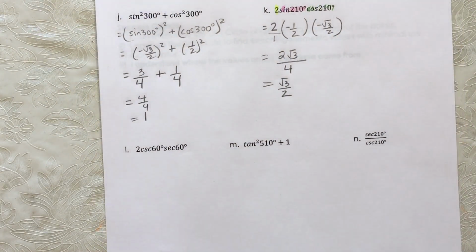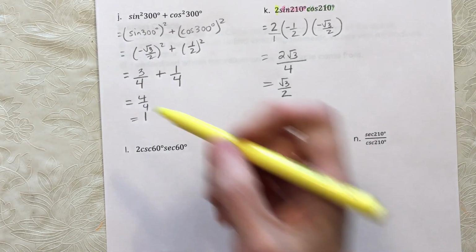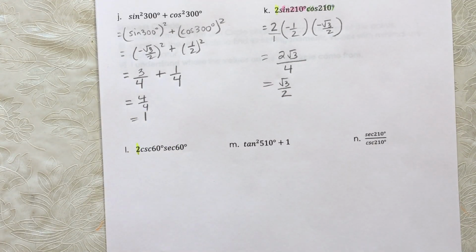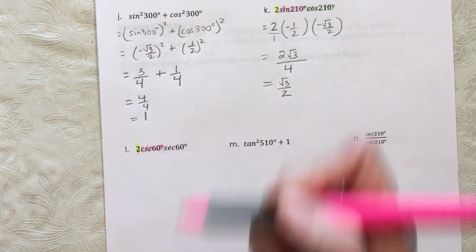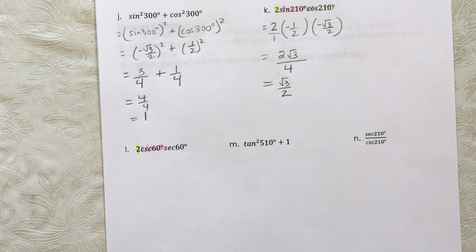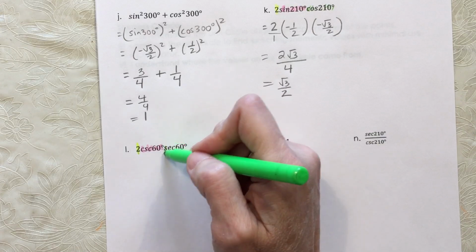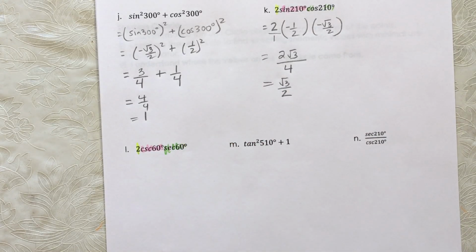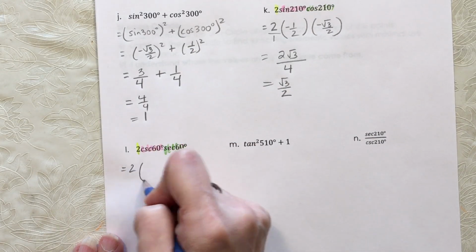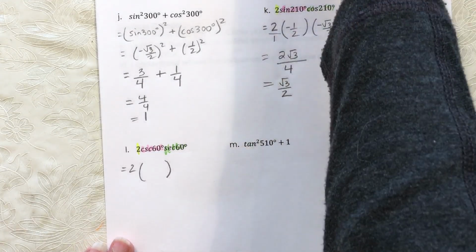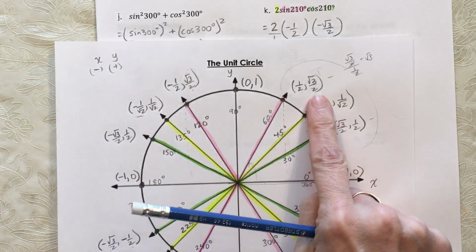So 2 cosecant 60 times secant 60, again, that's 3 things multiplying together. The number 2, the cosecant of 60, and the secant of 60. So the number 2, cosecant's the sine flipped upside down. So the y value at 60 flipped upside down.